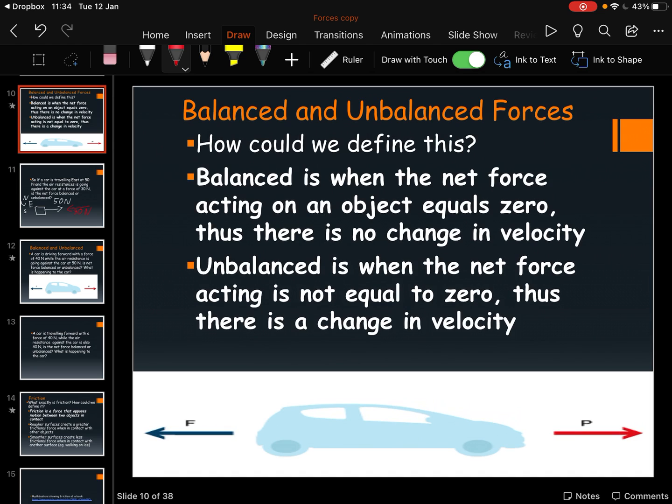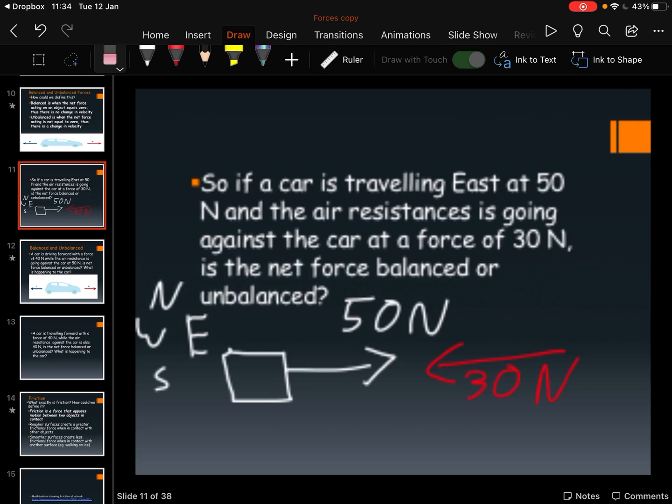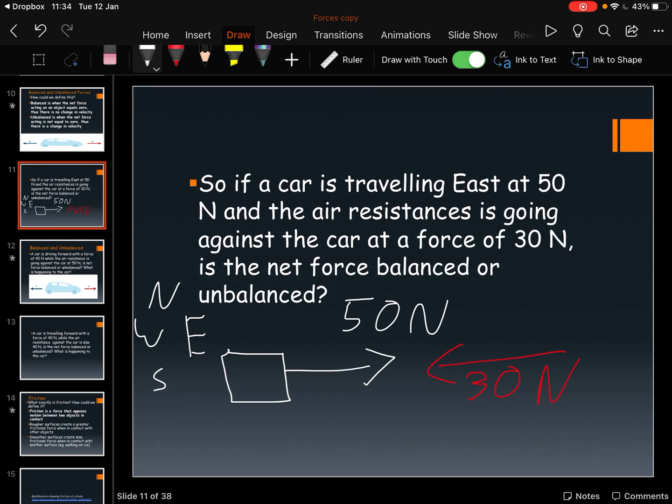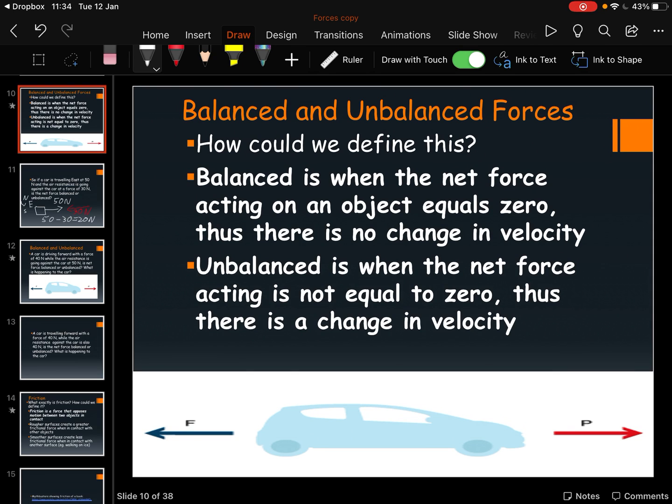Well, what we said before is we said the net force equals 0 if it's balanced. So what does that mean? That means you subtract your two numbers. 50 minus 30 equals 20 newtons. Is our number 0?